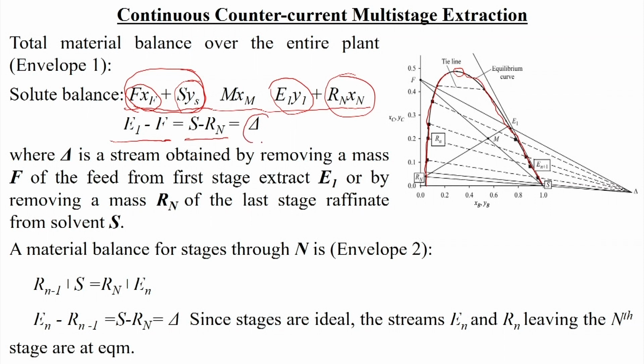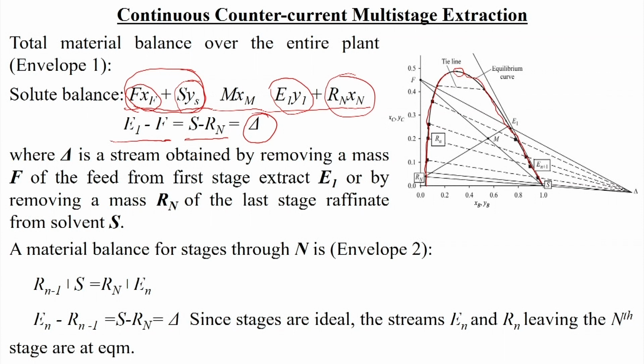That we now designate as delta. Delta is a stream obtained by removing a mass F of the feed from the first stage and extract E 1, or by removing the mass R n of the last stage raffinate from the solvent S. Or we can say, in any stage, whatever is entering and whatever is exiting, what is the resultant of this.